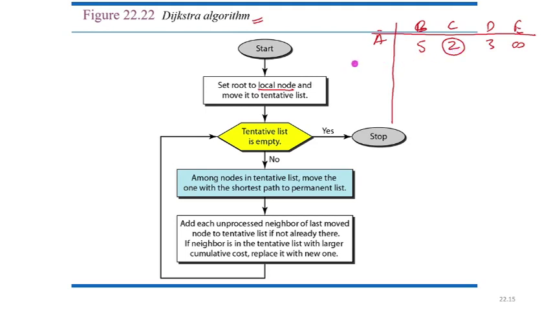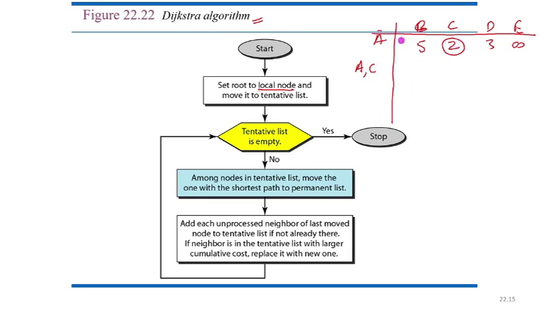We are going from A to C, so the distance between A and C is fixed. The same way we need to finalize each of the distances into the permanent list.